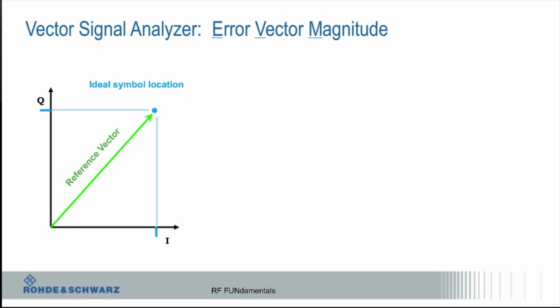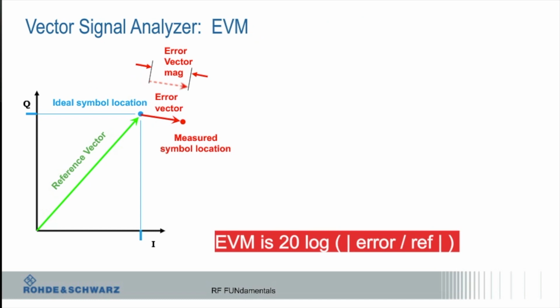So then it's going to measure where your symbol location is. So the EVM, or error vector magnitude, is the amplitude of that signal from the ideal location to the actual location. So this is more or less what you're really measuring. Okay, so it comes from 20 log of the error over the reference.